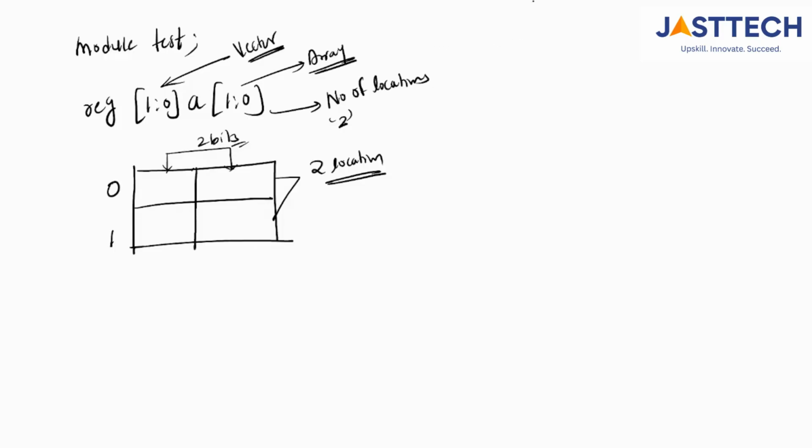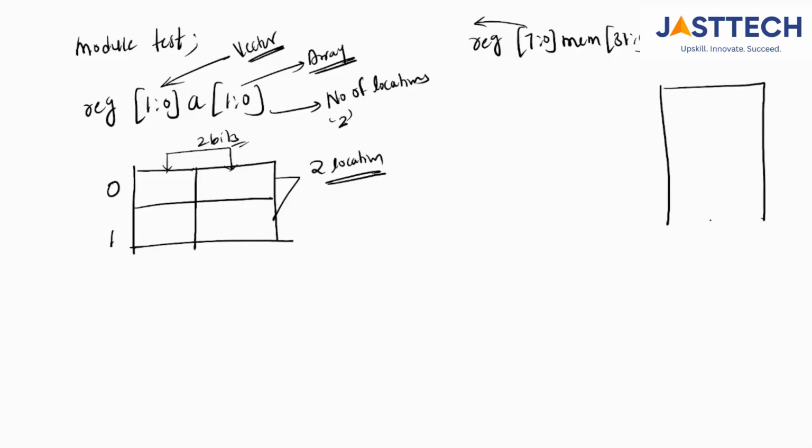Suppose with the help of these arrays and vectors, reg 7 down to 0, mem of 31 down to 0. This is the number of locations, and this is the total depth. 32 locations are there: 0, 1, and so on up to 31. This we call depth.